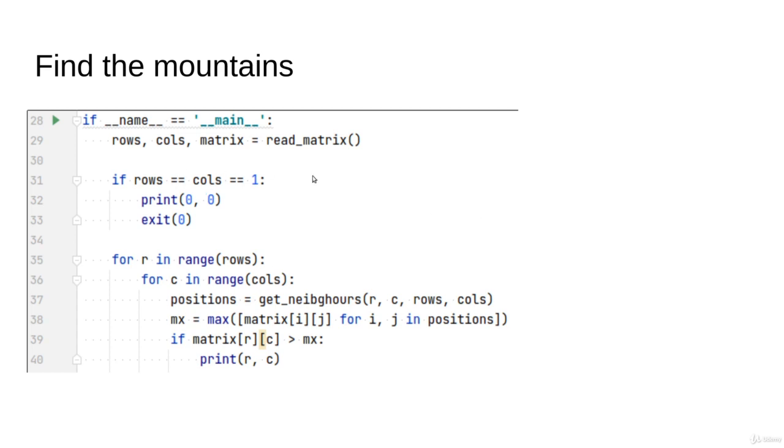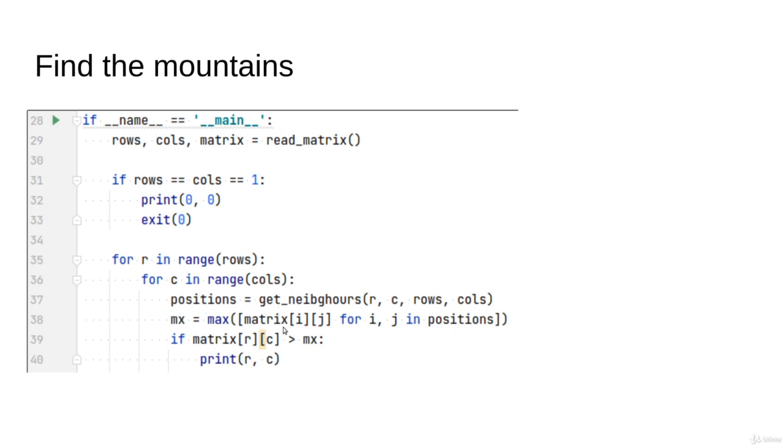Now let's go to the code itself. I'm reading the matrix and handling the rows equal columns equal 1 case in a special way, because this position will have an empty list in terms of the neighbors. Now you see here the code will be very trivial. I'm iterating on every row and column, getting the neighbors of this cell, which will return for me a list of the positions of the neighbors, and they are all filtered.